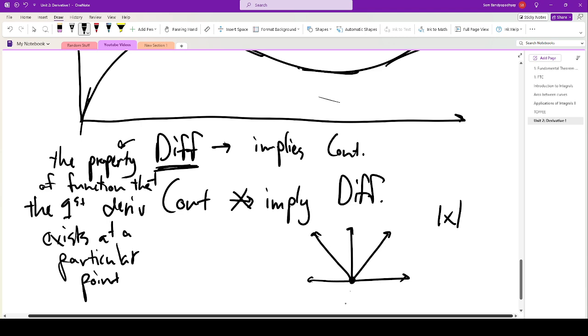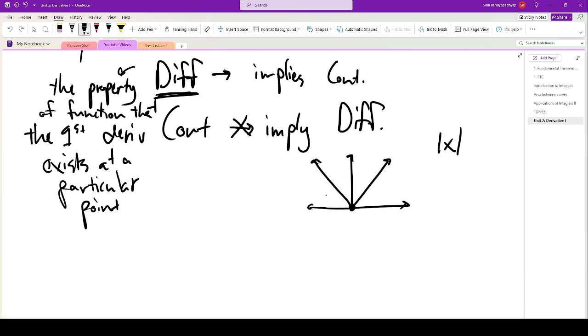It's a hard turn. This is what we call a cusp. The fact that it's not smooth means you can draw infinitely many tangent lines.